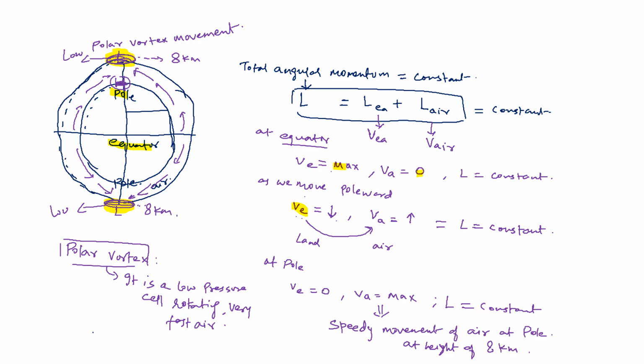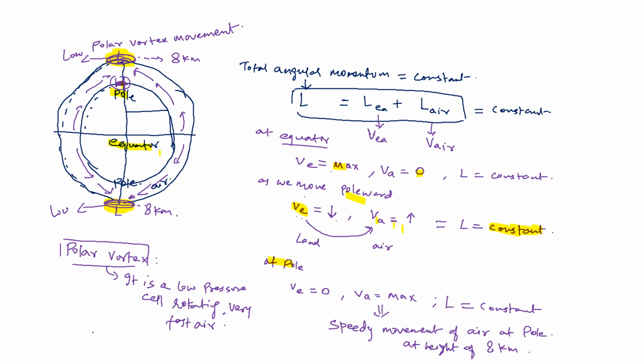It is decreasing. So at the poles it becomes nearly zero, and when the land becomes zero, keeping the angular momentum constant, what is happening to the air velocity as we move from equator to pole? It is increasing. So the air becomes stronger and stronger as we move from equator to poles, because angular momentum is being transferred from the land to the air as we move poleward.